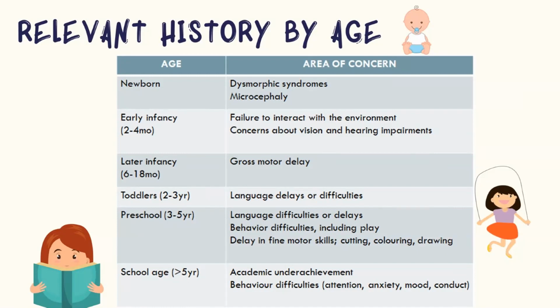And by 3 years, should be able to introduce him or herself with the full name, gender and age. Later, in preschool and school age, we try to assess how well they do with their peers, how they play, or whether they prefer to be alone, and how well they do academically. All right, so next.